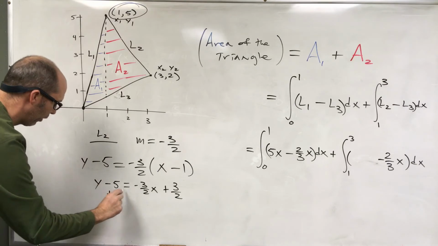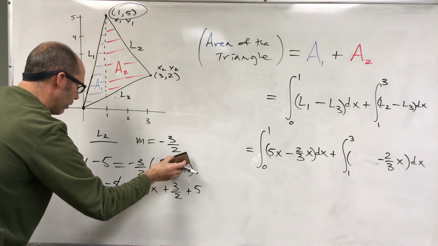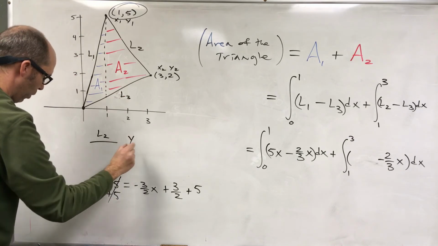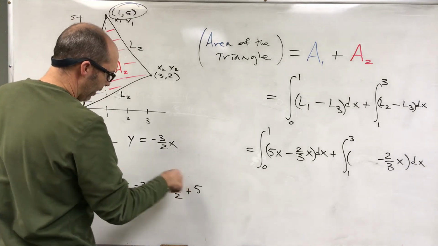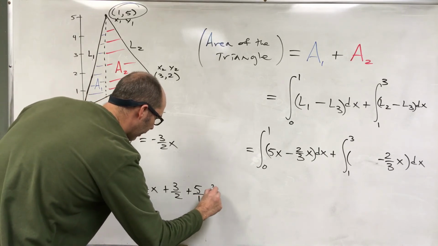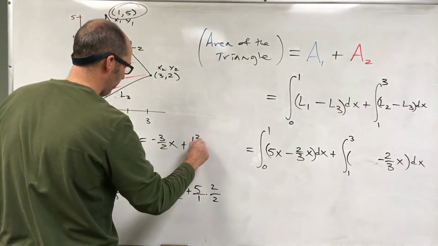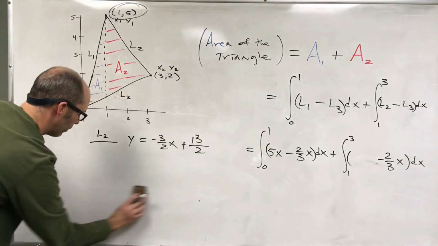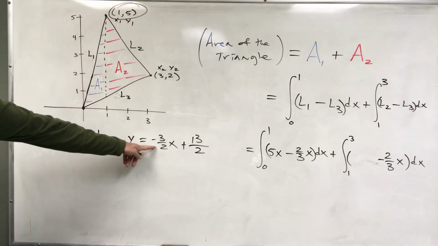Now if I add 5 to both sides, you get y equals negative 3/2 x plus 5 plus 3/2. So I want to add these together: 10 plus 3 is 13, over 2. So L2 is negative 3/2 x plus 13 over 2.